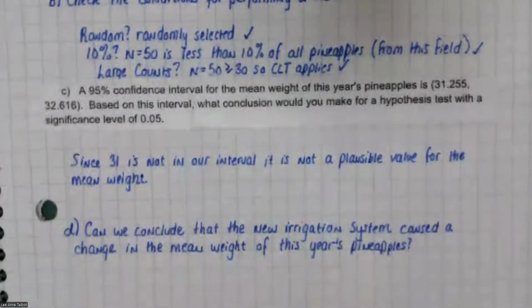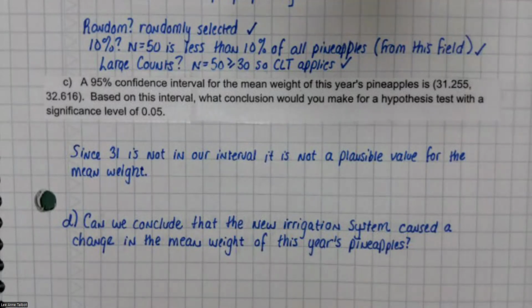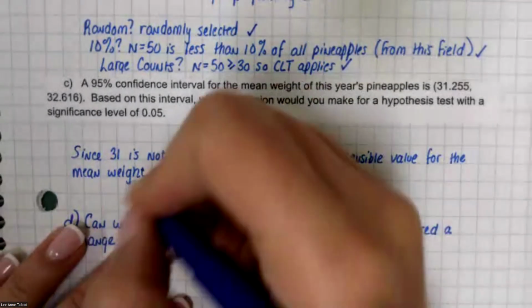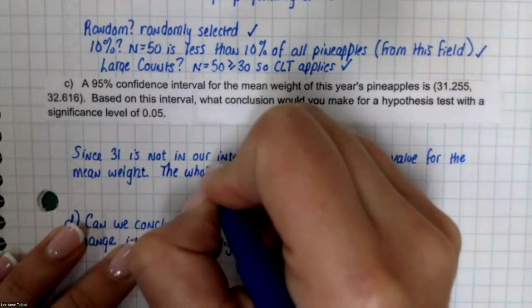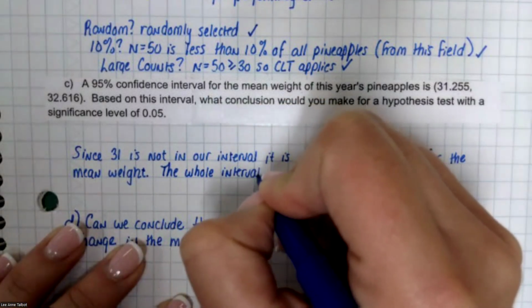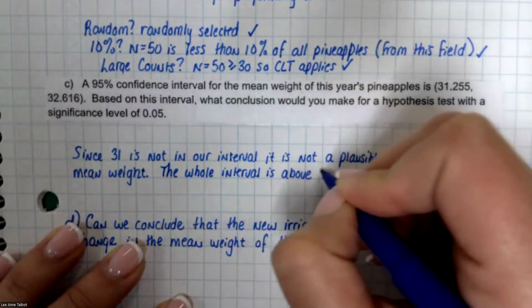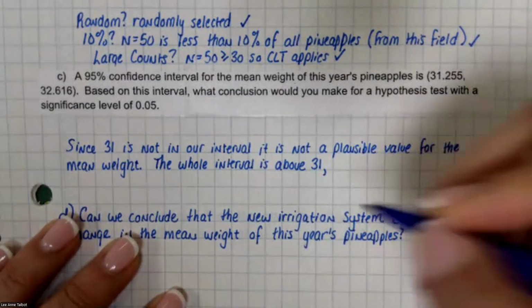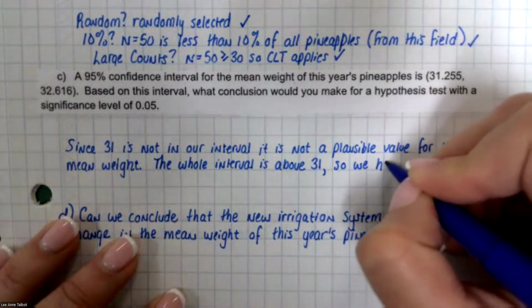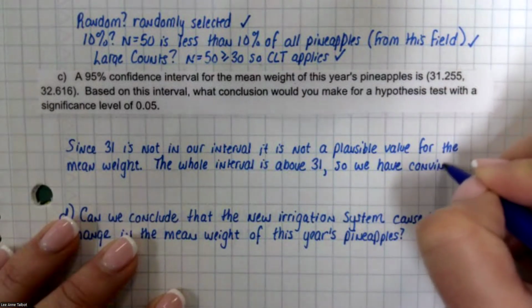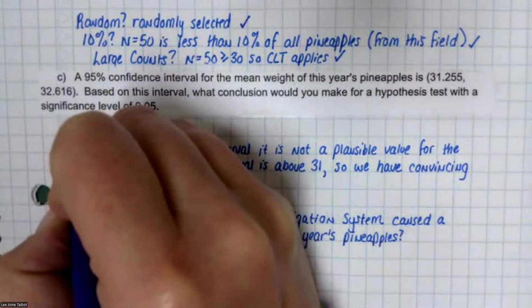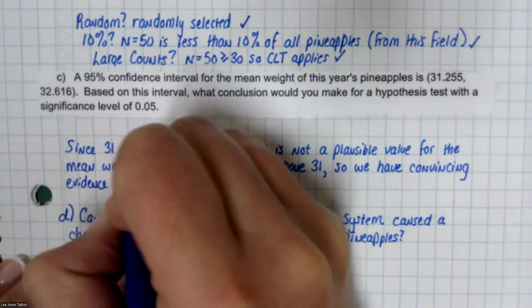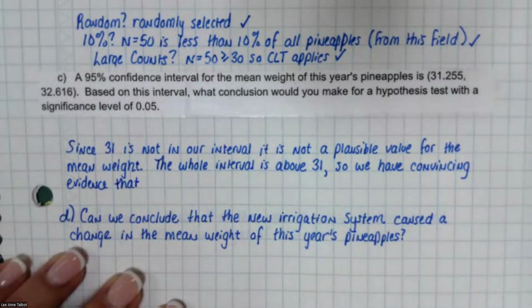So what? 31 is not a plausible value. So let me help you. But what?